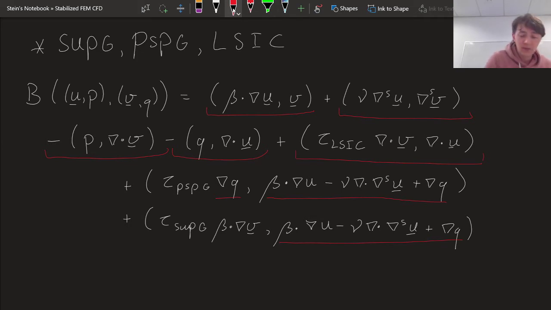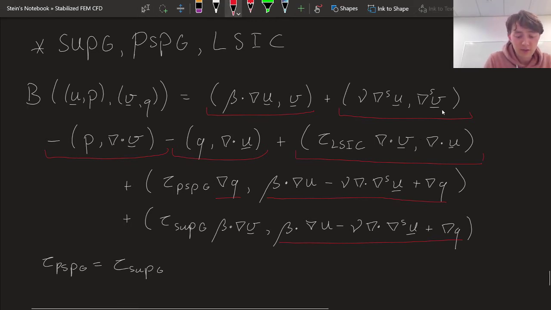In particular, we make one particular choice that simplifies these equations, and I'll just get straight into that choice. Typically what we do for these equations is we choose tau PSPG equal to tau SUPG.